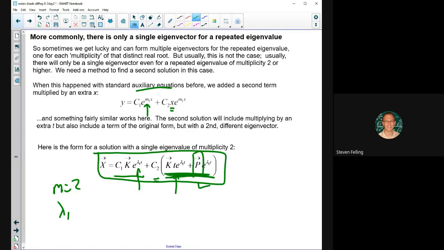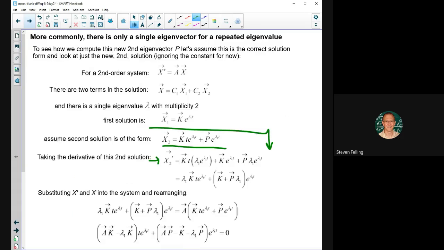We're going to show that this can in fact be forced to be a solution by taking the derivative of that. And this first term is going to require product rule because both of these factors include the variable.